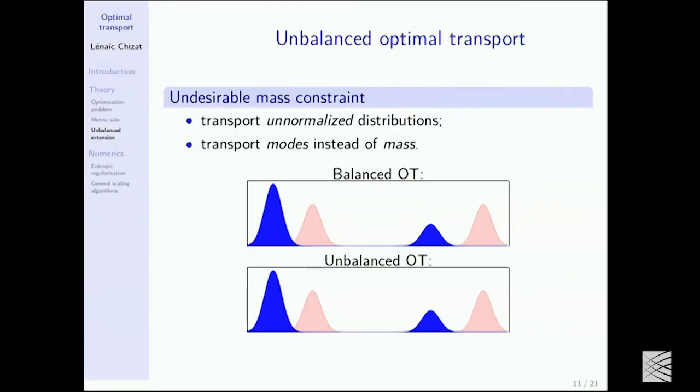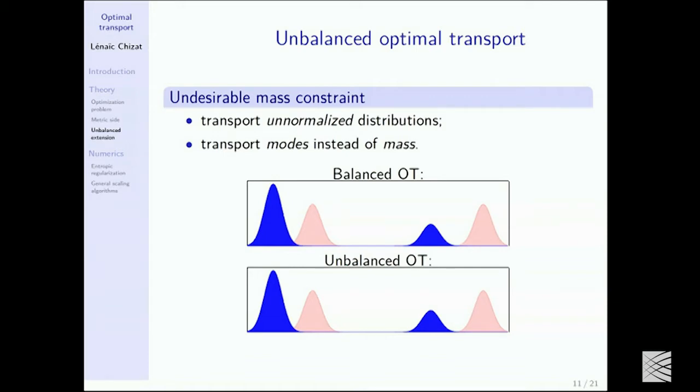And sometimes you'd like to get rid of this constraint because in your data, you don't have the same mass. And even if your data have the same mass, sometimes what you want is not exactly to displace the mass, but rather the local maxima of density of your distribution. You would like to transport the modes instead of the mass.